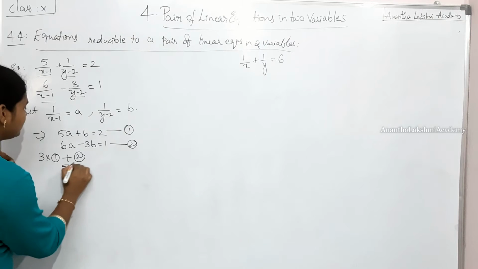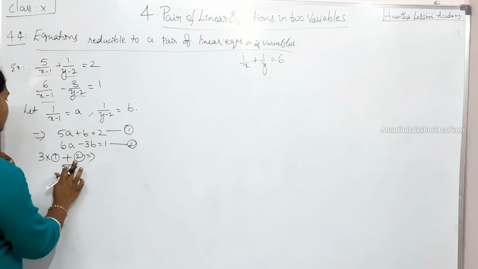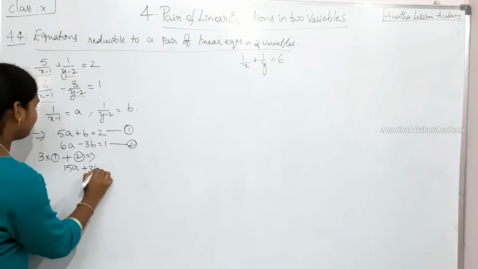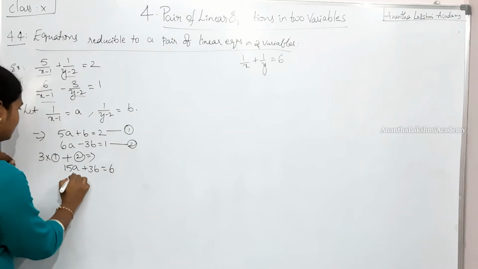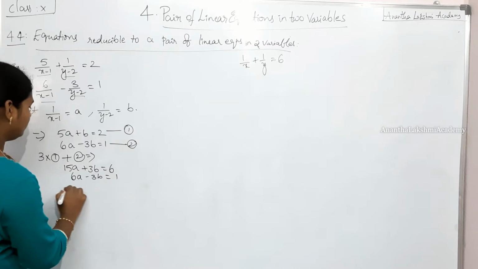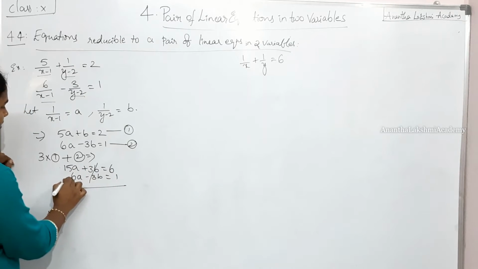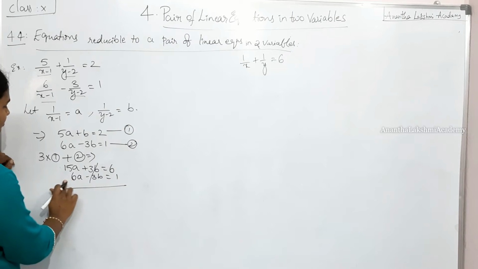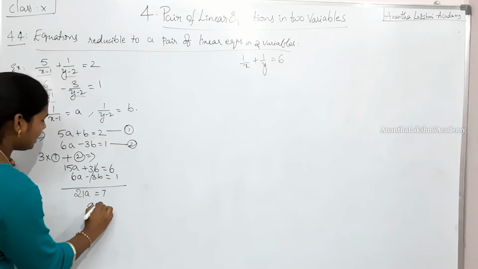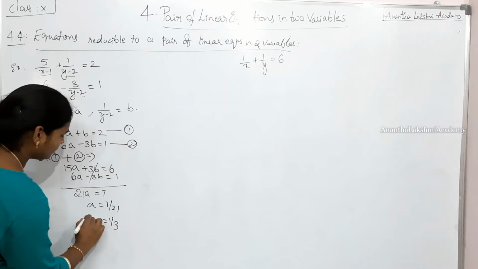That gives 15a plus 3b is equal to 6, and 6a minus 3b is equal to 1. The 3b gets cancelled. 15 plus 6 is 21a is equal to 7. So a is equal to 7 by 21, which is nothing but 1 by 3.